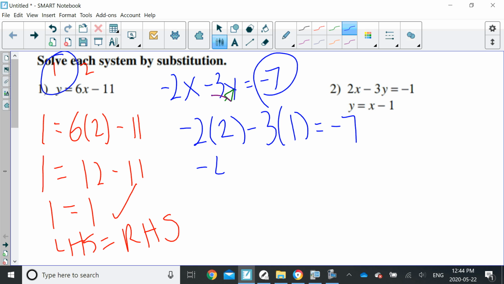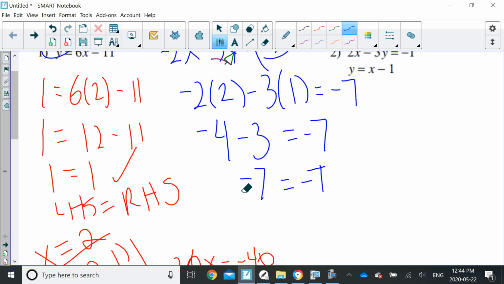So negative 4 minus 3, does that equal negative 7? Negative 4 minus 3 is negative 7. And look at that, it verifies. Left-hand side equals right-hand side. My solution is correct.